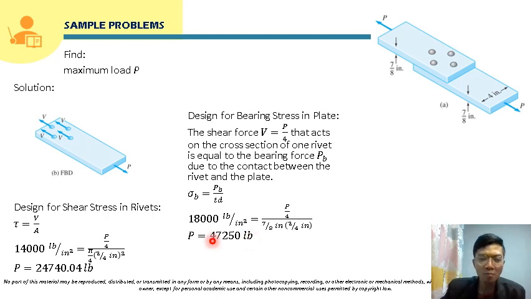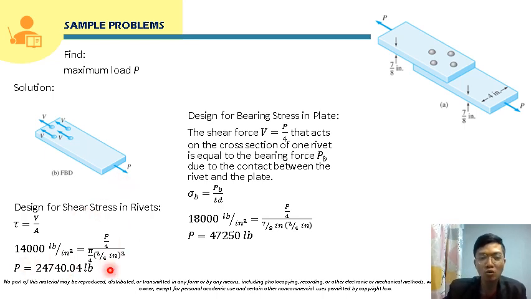So this force P is less than this force. The force P that we're going to choose here will be the minimum force P, as I've explained to you in our discussion about allowable stress. If you use this P, of course for shear stress in rivets it already passed that criteria.